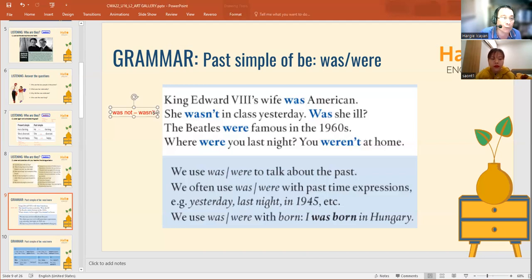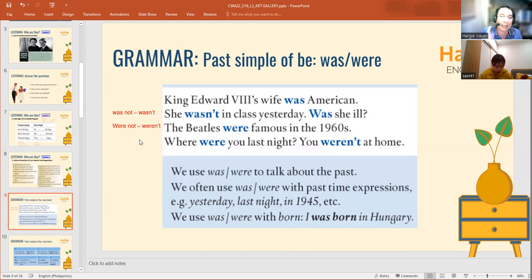If the subject would be they, we can say were not or weren't. If the subjects would be we, they, and you, use were not. If it is he, she, it, you have to use was not or wasn't.